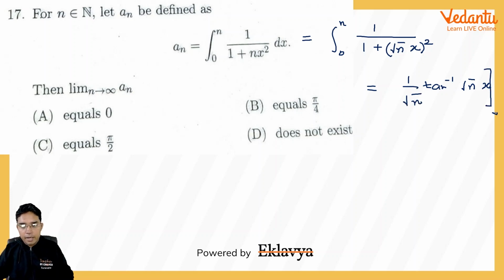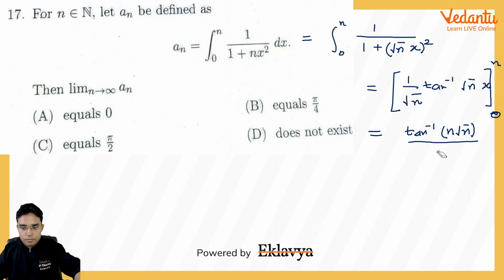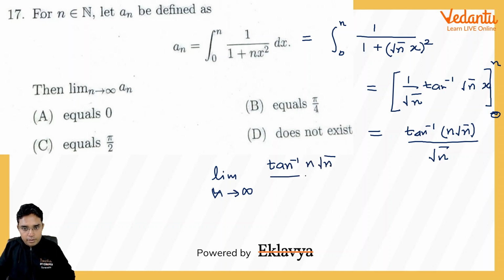So putting limit as 0 to n, we get this integration to be tan inverse (n root n) in the numerator, and for 0 this will become 0, upon root n. Now what they are saying, limit n approaches to infinity of tan inverse (n root n) upon root n.